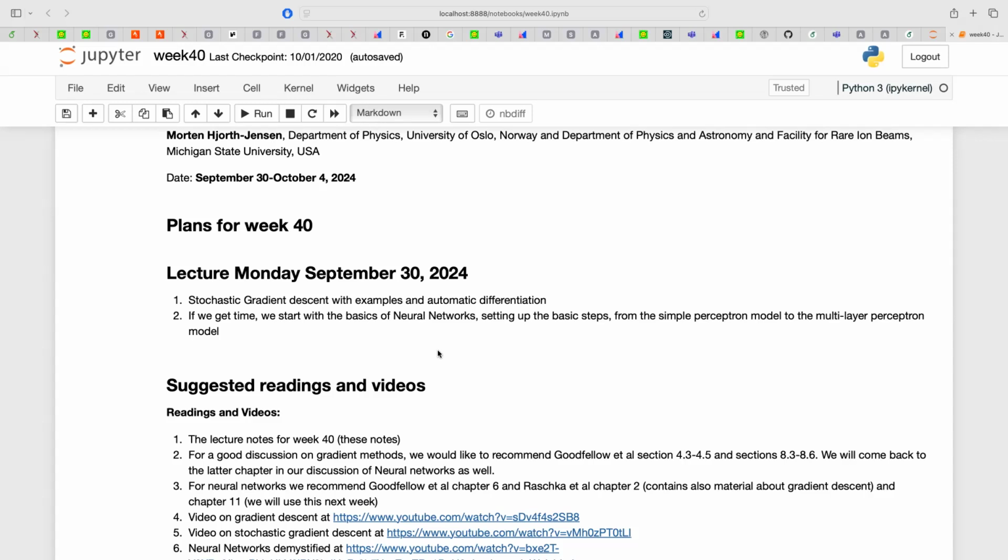In particular, if you need to calculate derivatives to numerical precision.